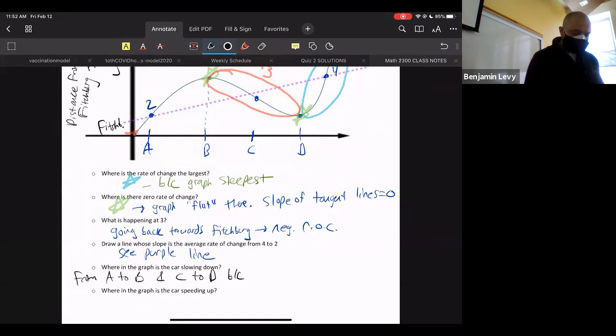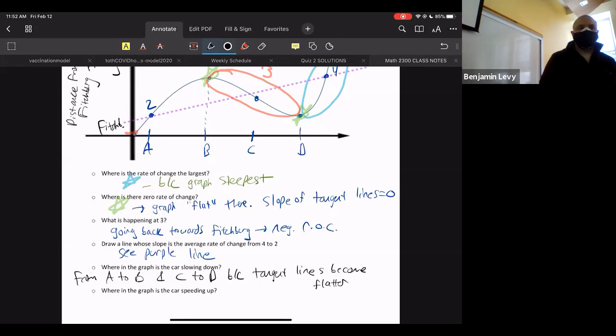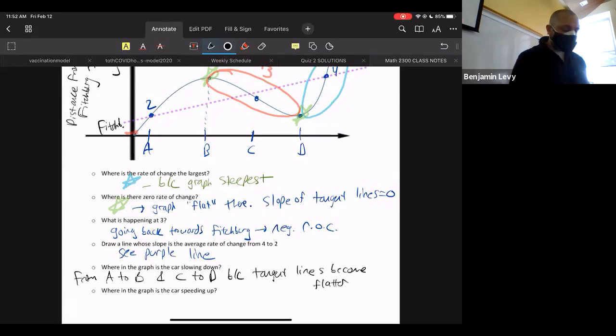And the way you think about that is because the tangent lines become flatter. So if we thought of the tangent line, let me draw a couple tangent lines on here between A and B. Early on, it's got this slope. As we get closer to B, it's flattening out, right?